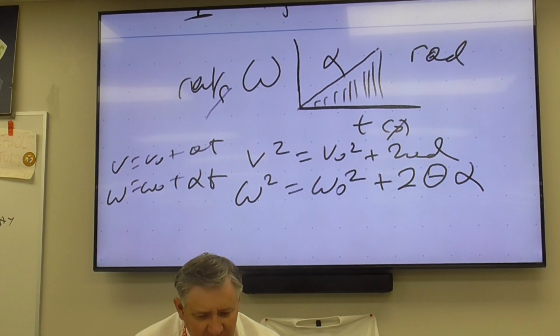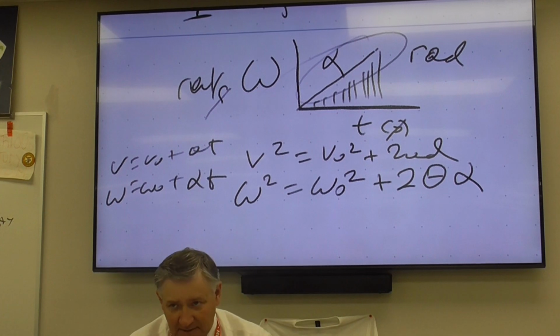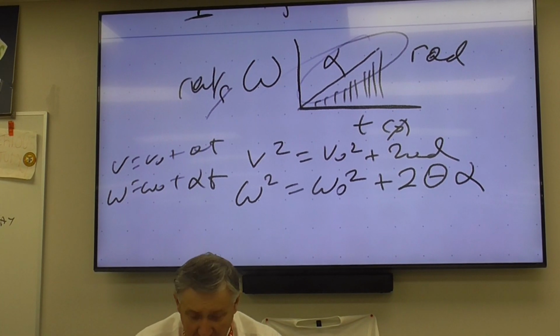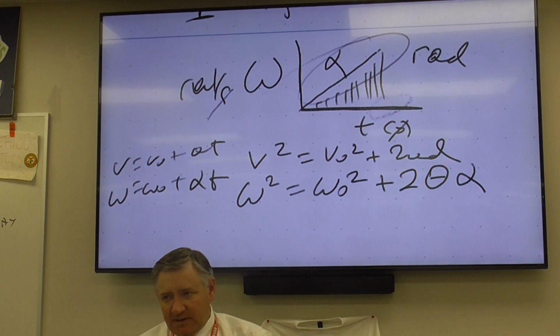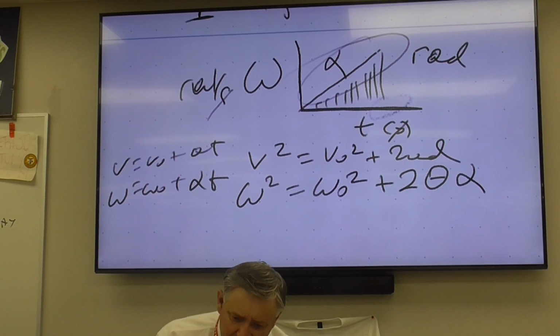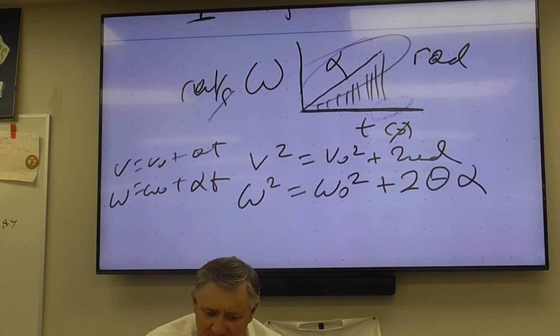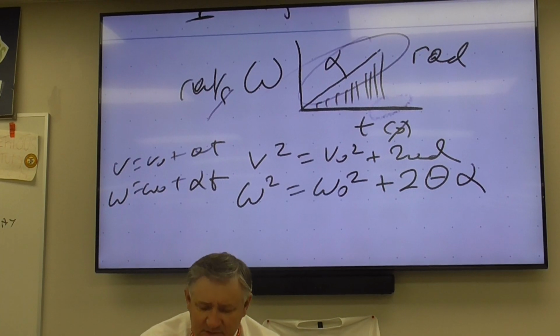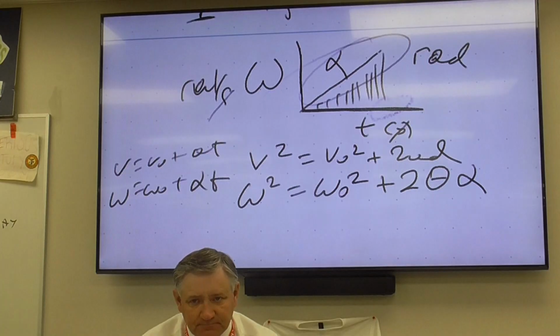So if you look, you want the acceleration, so you're basically trying to find the slope of that line. Now, they don't give you time. If they did, that would be a simpler way to do this. But they do tell you that it moved through 2 revolutions. Since it moves through 2 revolutions, can you keep the revolutions?